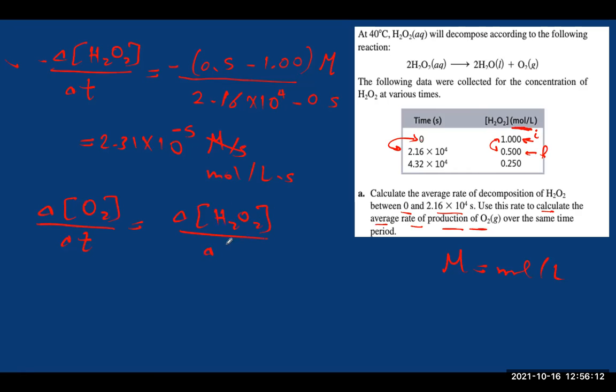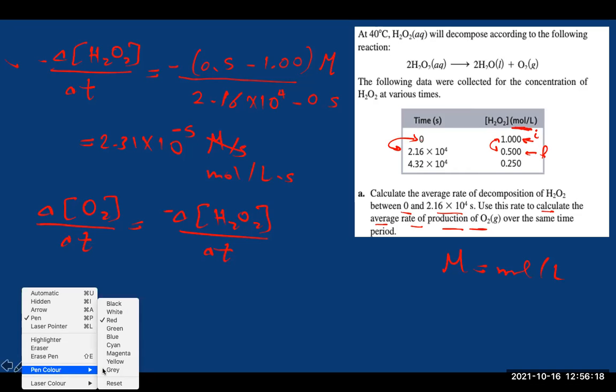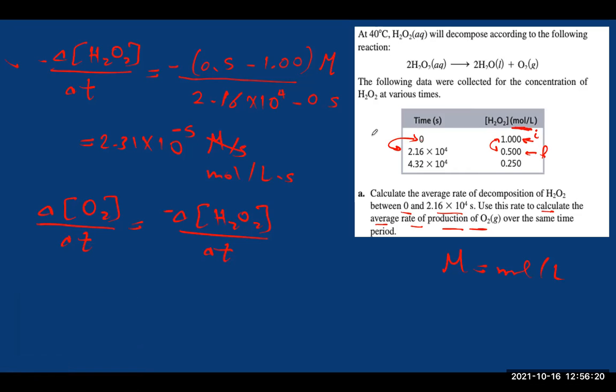We know that the change of H2O2 and the change of O2 will not always be the same. To make them equal, we need to add the coefficients. The coefficient here for H2O2 from the equation is 1 over 2, and for O2, it's 1 over 1. So it means the change in the concentration of O2, this is the one that we need to calculate, will be equal to half of the change in the concentration of H2O2 over time.